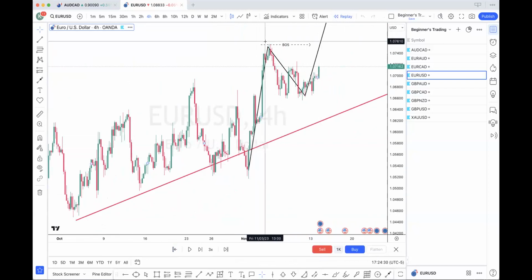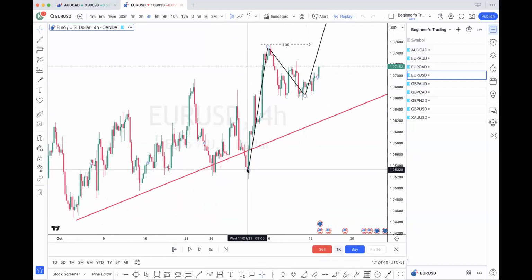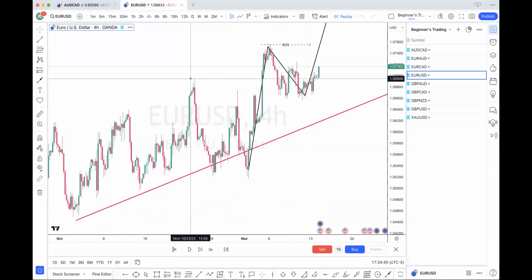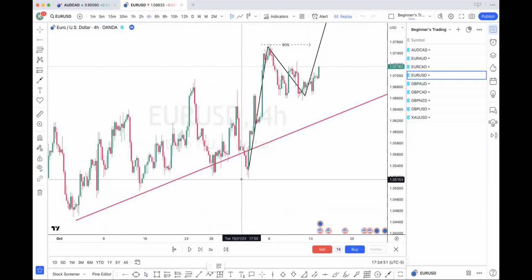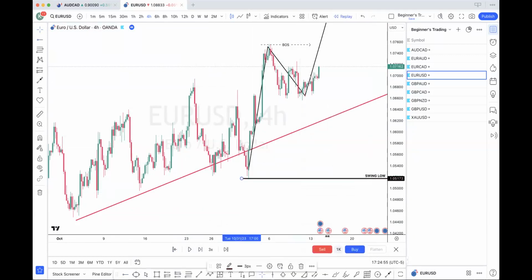So price pushed up. This was the low. This was the high. Well, this would have been the swing low after it broke this structure, after it broke this high, right? So this would have been the swing low. Okay.